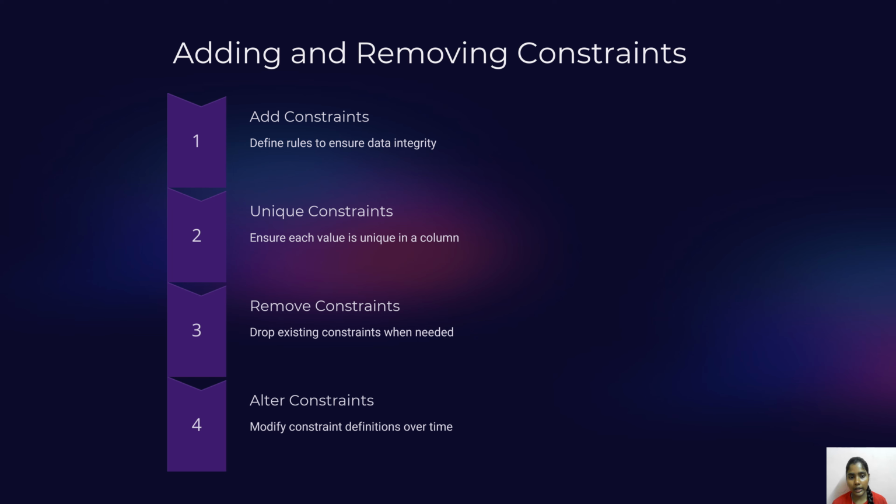Unique constraints ensure each value is unique in a column. For removing constraints, drop existing constraints when needed. The last one is alter constraints: modify constraint definitions over time. These are adding and removing constraints.